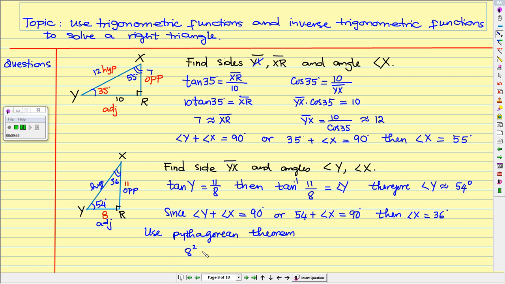So we do 8 squared plus 11 squared equals YX squared. And we take the square root of both sides.